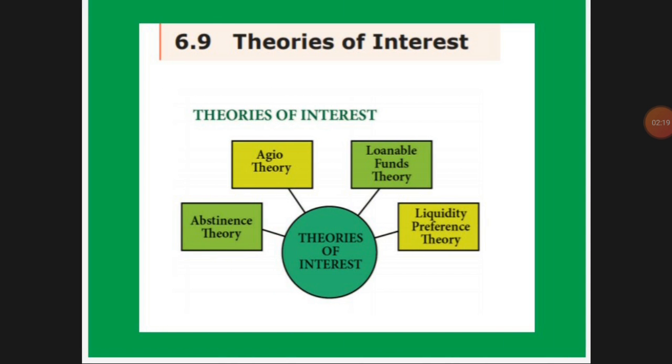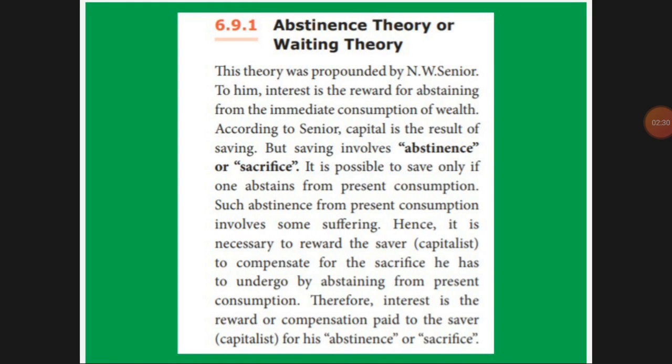So there are four types of interest theory. First is the subsistence theory, which can also be called the waiting theory. The subsistence theory was given by N.W. Senior. According to it, subsistence means a person is sacrificing himself without consuming. He sacrifices present enjoyment.